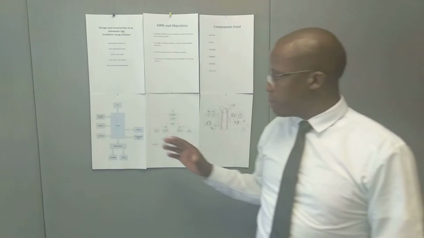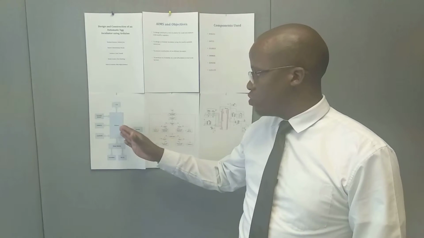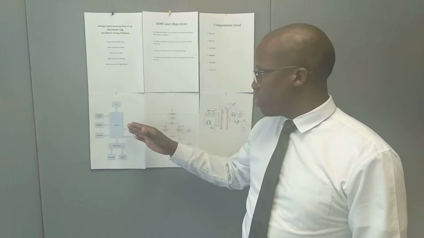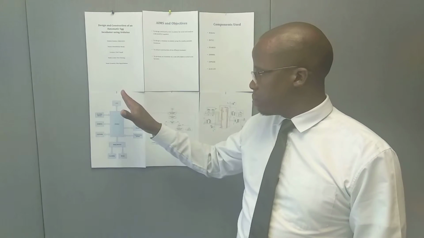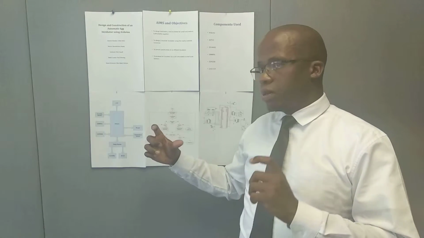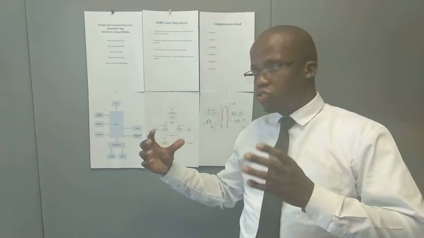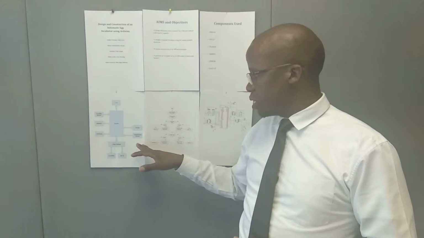The diagram is such that we have the Arduino at the center stage, and then it communicates with the LCD for display. We have the buzzer, which will alert us whenever the parameters are no longer favorable to the environment of operation of the incubator. We also have temperature sensors.